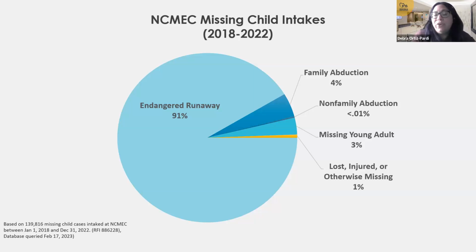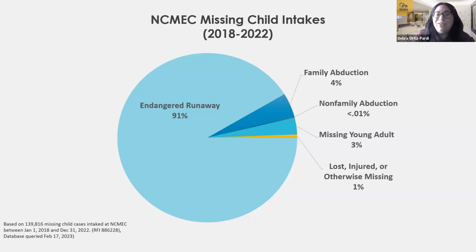And we consider every child who runs away as an endangered child, simply because of their status as a minor, right? They're vulnerable because they are children, but we also know that they could be at risk for various factors when they are missing after they run away from home, and that can include child sex trafficking. So you can see here the various categories.